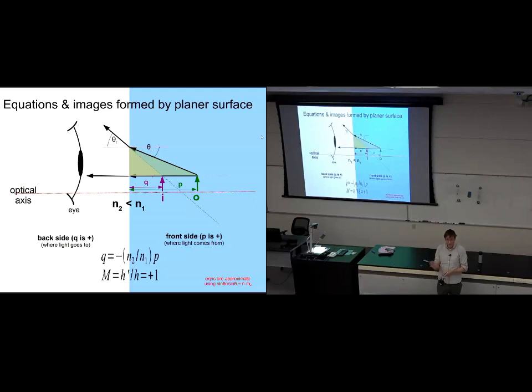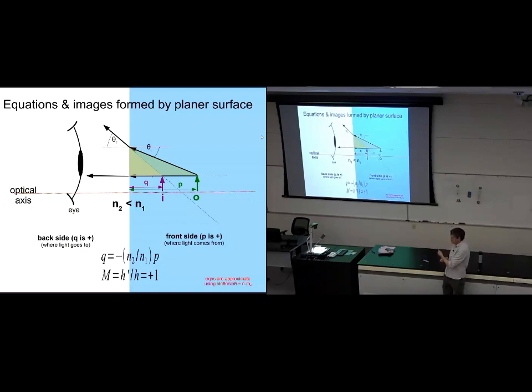But in lenses, light exists both on the front and the back side of the lens, because the light arrives at the lens and travels through the lens from one side to the other side. This is what we call the front side. It's where the light originates from. This is what we call on the left here the back side. That's where the light is heading towards. So that's what we mean by front and back.